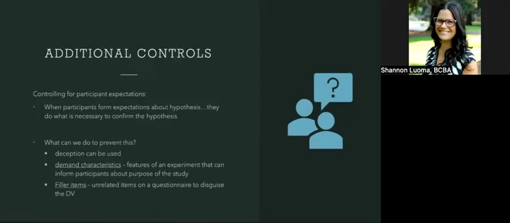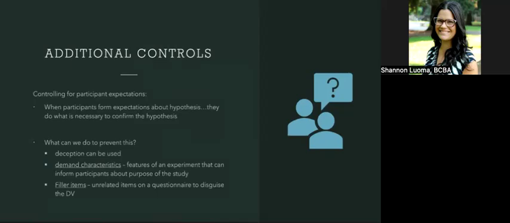Now, we can also use filler items. So this is when we will put in random survey items or items on a test or a measurement that are not related to what we're looking at. So we're trying to disguise items on a questionnaire so that, again, our participants don't pick up on what we're looking at. Let's say we are looking at a difference between extroversion and introversion personality characteristics.